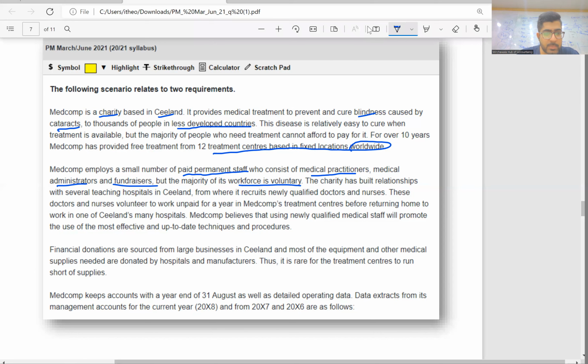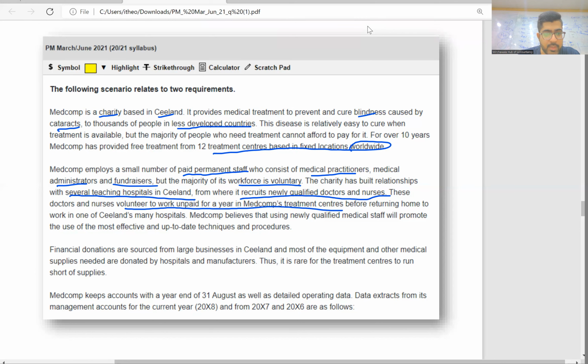The charity has built relationships with several teaching hospitals in Zealand from where it recruits newly qualified doctors and nurses. These doctors and nurses volunteer to work unpaid for a year in Medcomp's treatment centers before returning home to work in Zealand's many hospitals. Medcomp believes that using newly qualified medical staff will promote the use of the most effective and up-to-date techniques and procedures.